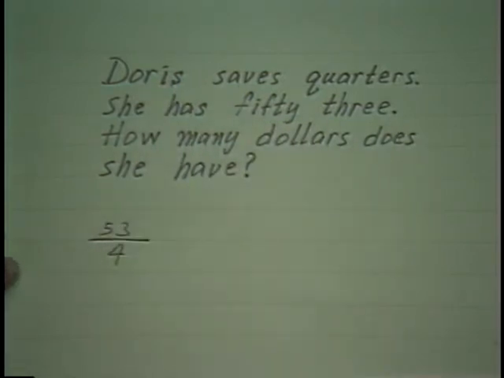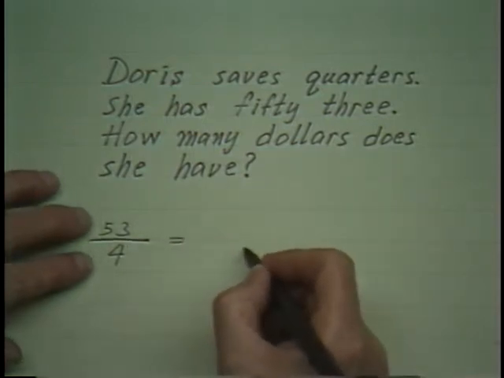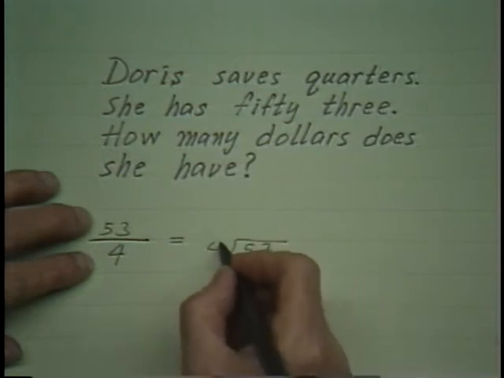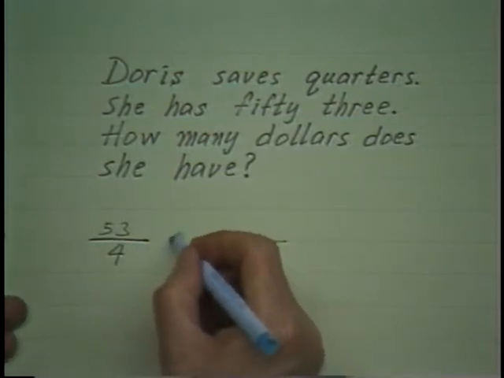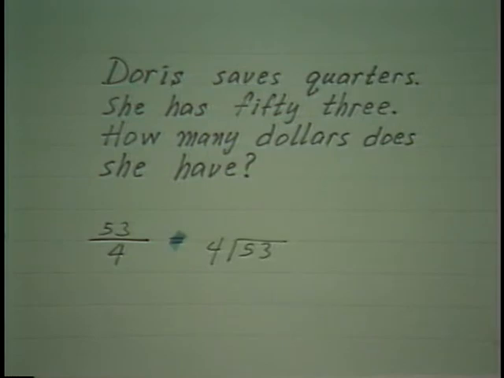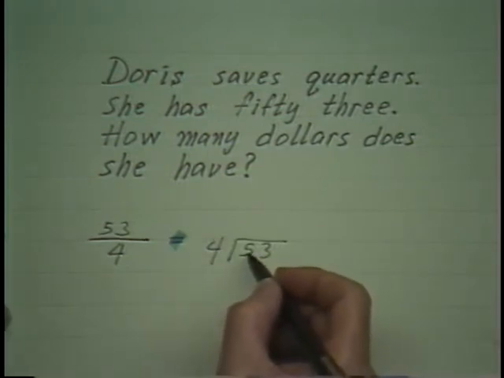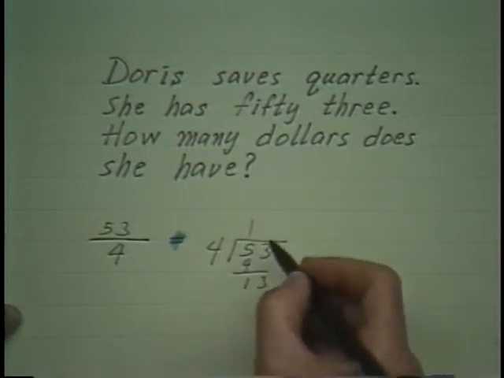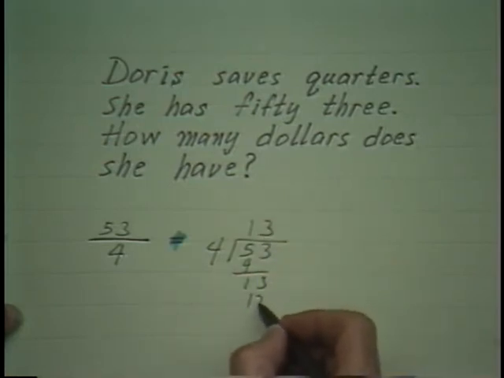of those parts. But now this is an improper fraction which can be changed into this division problem. Doing that division problem, 4 goes into 5 once. 4 goes into 13 3 times.